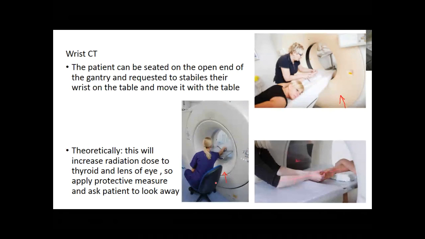For the patient, sitting on a chair is more comfortable, but take into consideration that this will give, theoretically, more radiation dose to the thyroid, the lens of the eye, and the breast. Okay? We have to protect the patient and at least ask them to look away from the gantry.